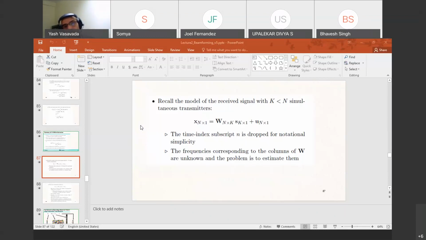At the actual incoming frequency, that quadratic term W Hermitian RXX inverse W is going to become 0. So I would like you to think about why it should become 0 at the location of the frequency of interest. But it does, and then we get the same end effect. We get 1 divided by 0 at the location of the actual frequency, and so we get a big spike.